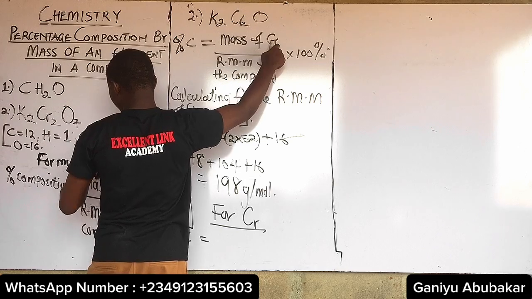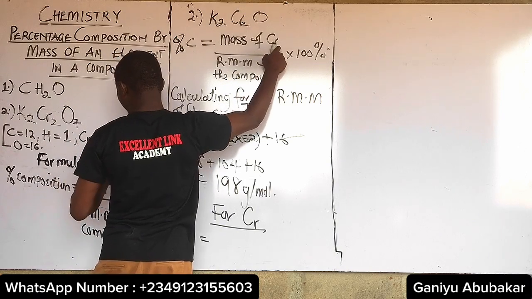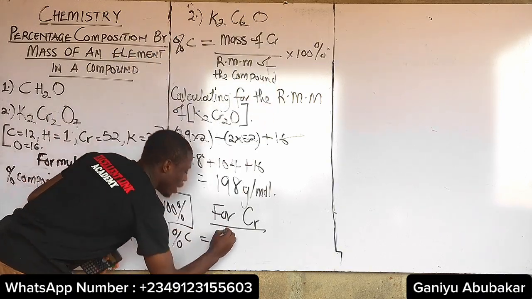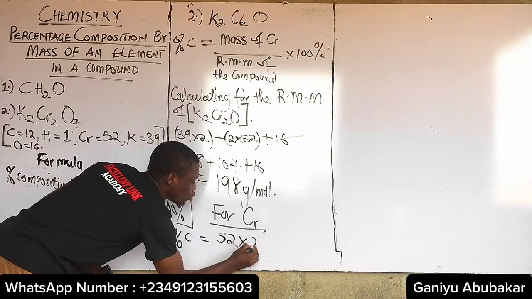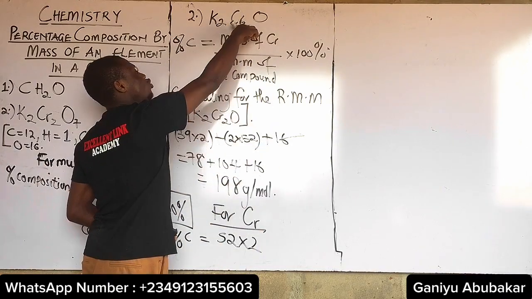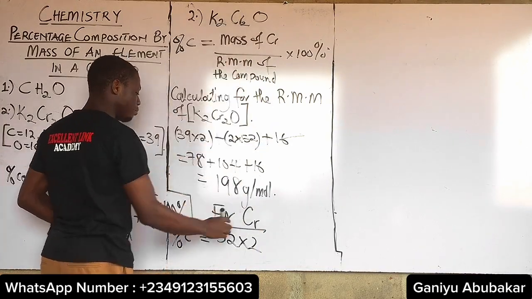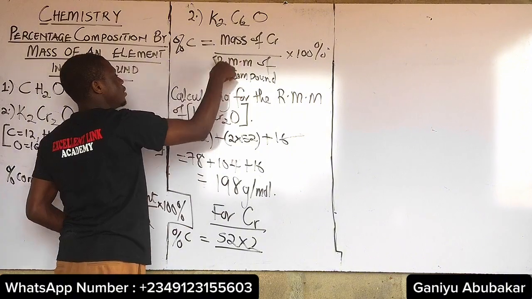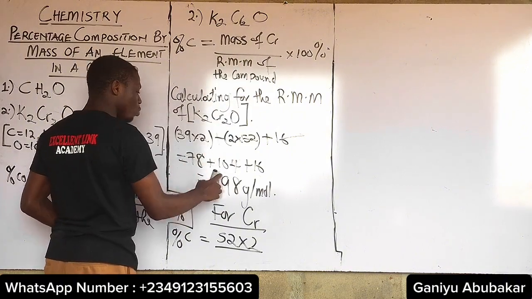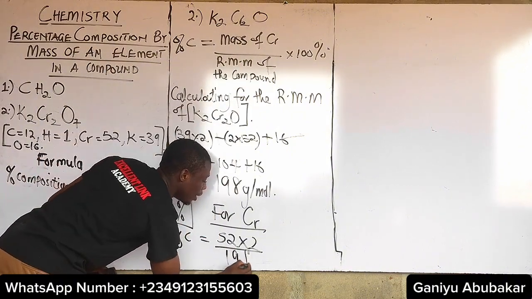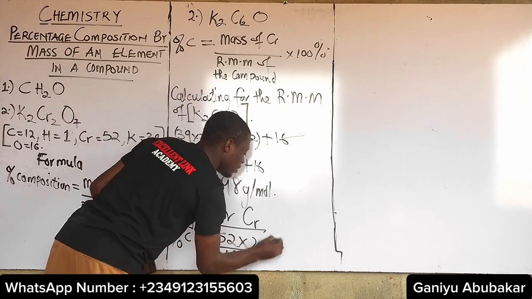What's the mass of chromium? 52. I have 52 times 2. Why times 2? It is 2 atoms of chromium. All over the relative molecular mass of the compound, that's 198, times 100%.